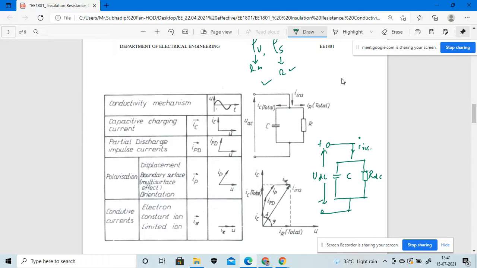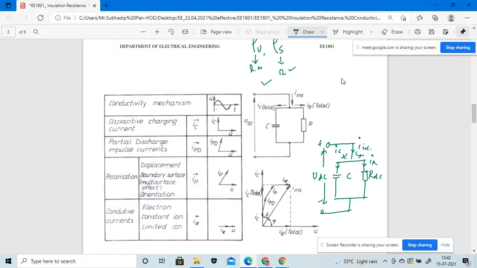the instantaneous current. According to this formula, it will be divided into two branches. One will be considered as your IC, the current that flows across the capacitor, and the other will be IR, the current that flows across the DC resistance.